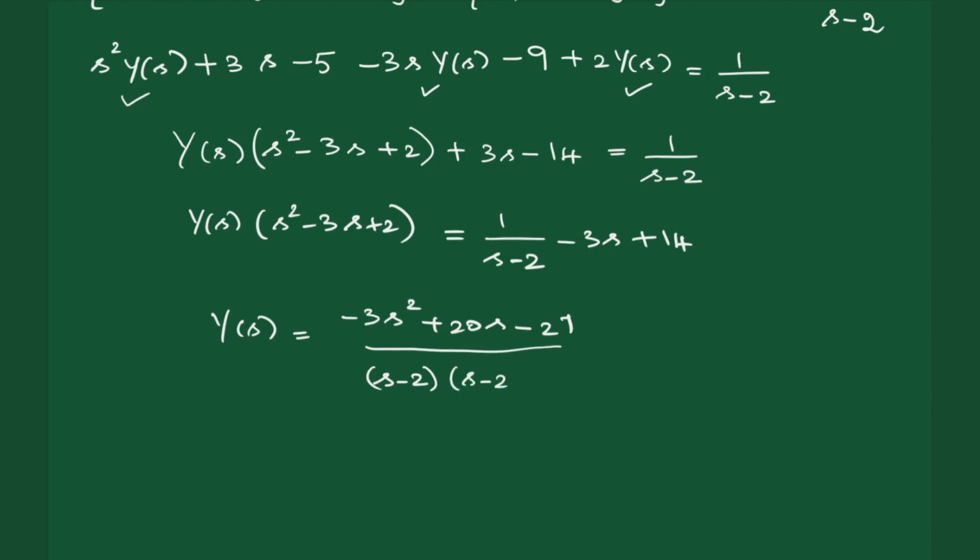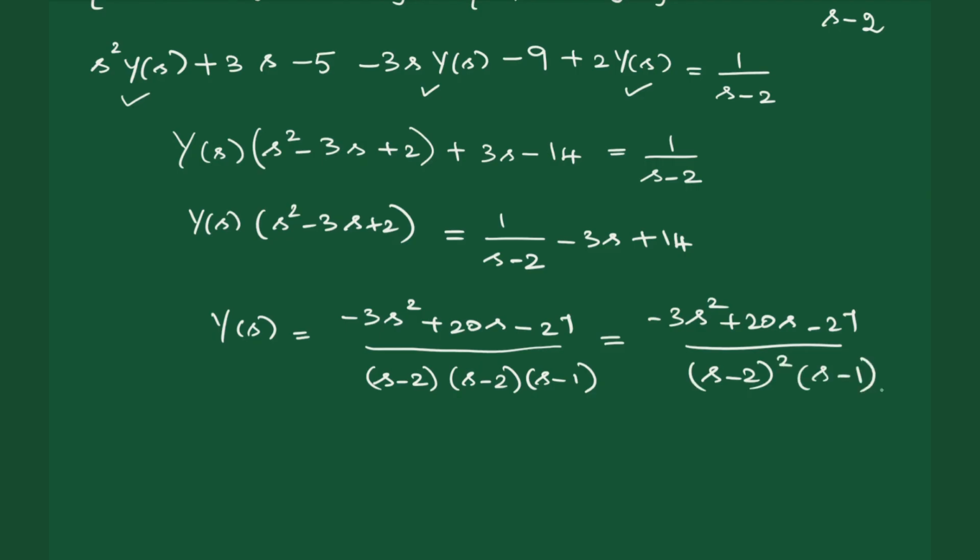So this becomes s minus 2 into s minus 1. So this is equal to minus 3s square plus 20s minus 27 divided by, this can be written as, s minus 2 whole square into s minus 1.